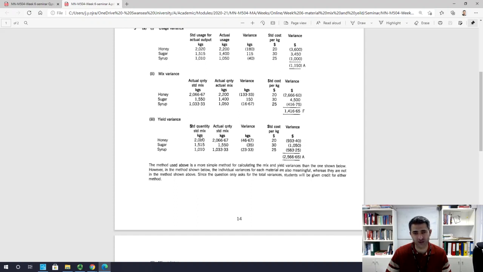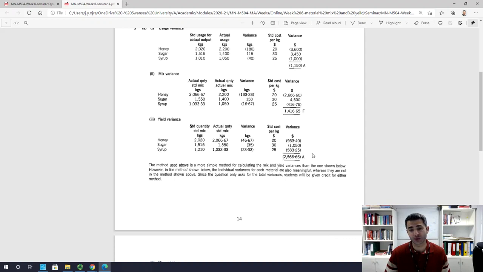That's the standard quantity. If you see the difference here, that's the variance in kilogram, and if you multiply by the cost per kilo, you should be able to find the variances here. And if you look here, all of them are adverse, and the total is 2,566.65. As you see, unfortunately the output is less.